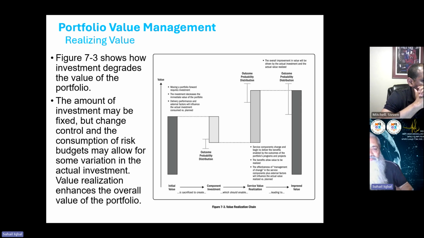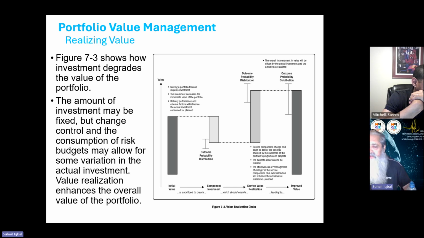The amount of investment may be fixed, but change control and the consumption of risk budget may allow for some variations in the actual investment. So actually what is being spent is due to the risks which have been identified. So maybe the contingency is eating up your money.